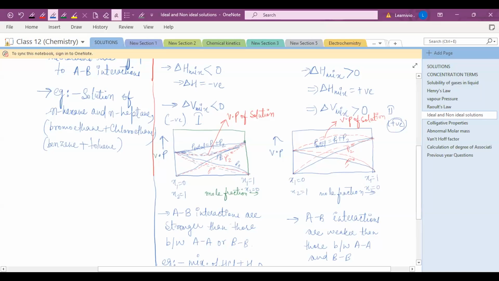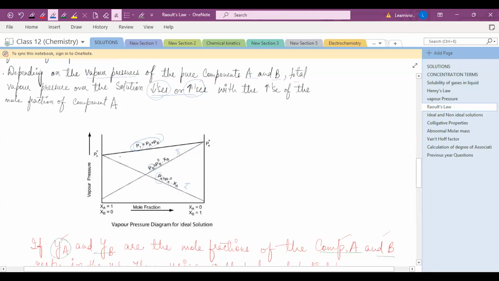This blue line shows the P total in the case of the ideal solution, the Raoult's law graph. But in the case of positive deviation, this line goes on top.